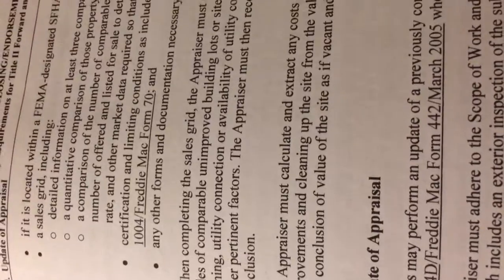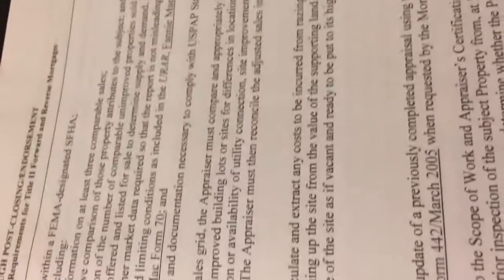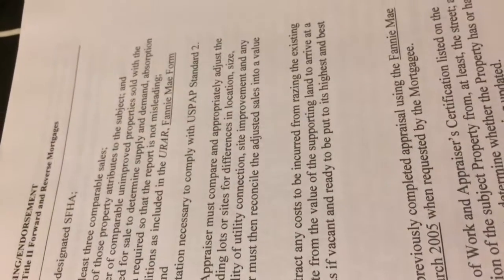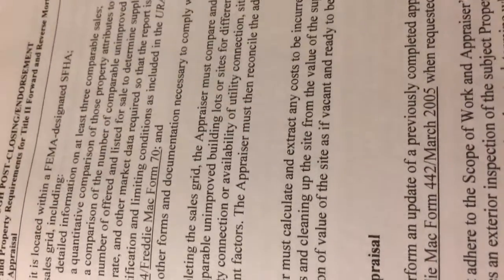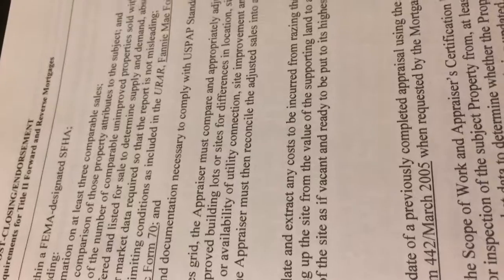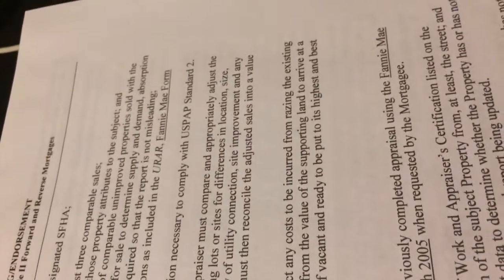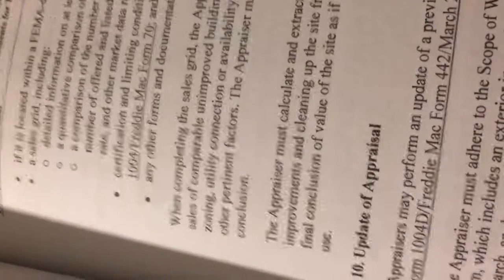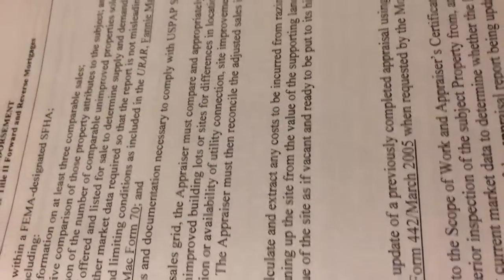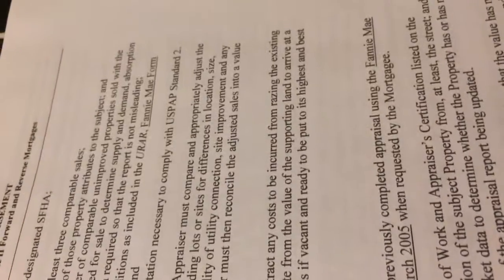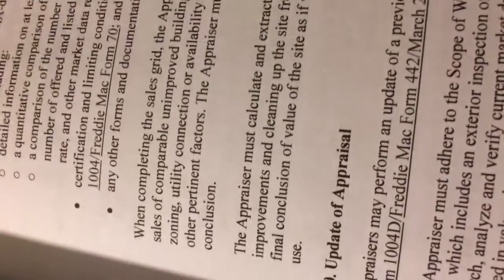When completing the sales grid, the appraiser must compare and appropriately adjust the sales of comparable unimproved building lots or sites for differences in location, size, zoning, utility connection or availability of utility connection, site improvement, and any other pertinent factors.